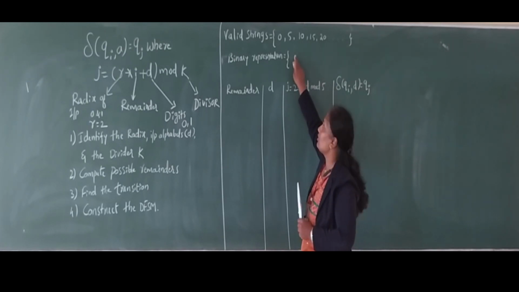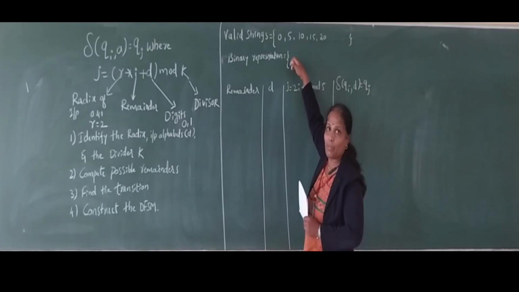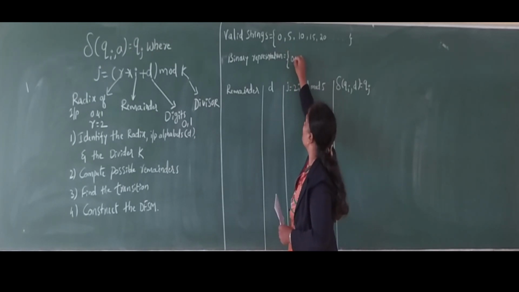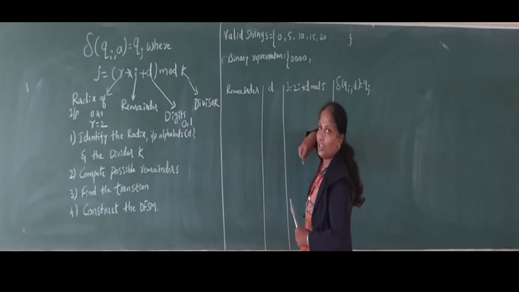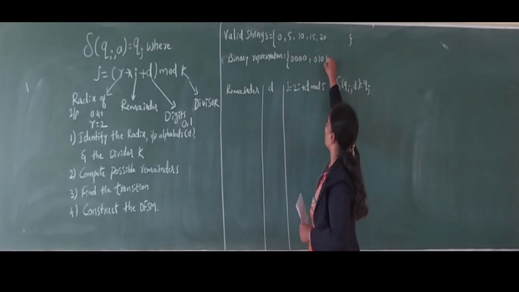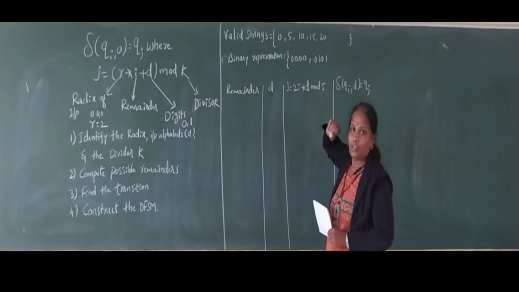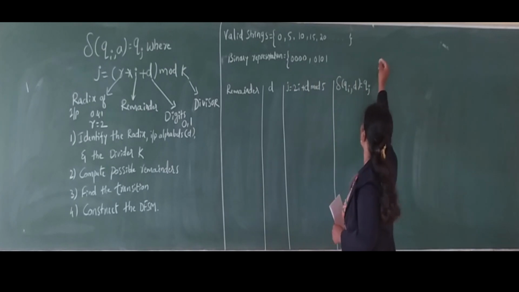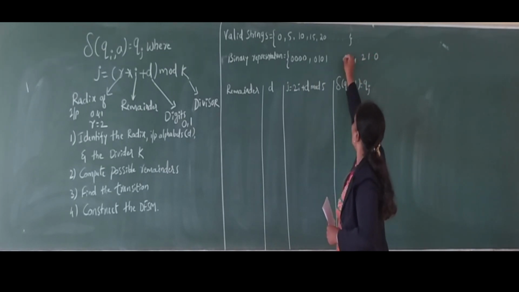According to the question, you are going to represent these numbers in binary form. So the binary form of 0 is 0, 0, 0, 0. Next, the binary form of 5 is 0, 1, 0, 1. I think you know how to convert a decimal number to a binary number. Here 1, 2, 4, 8.